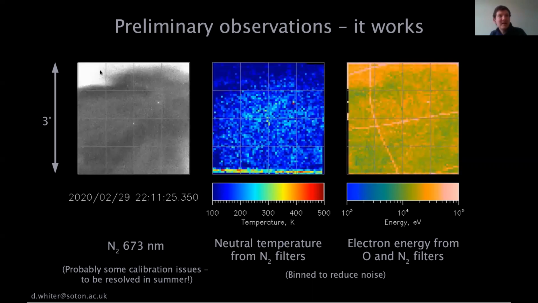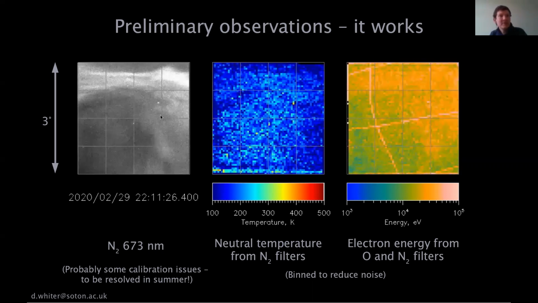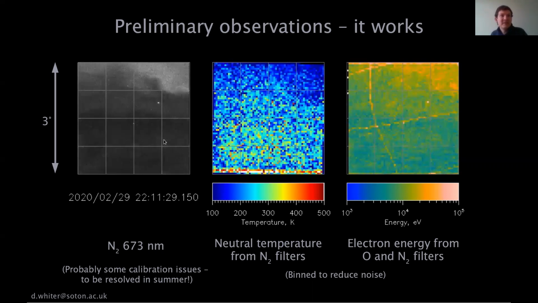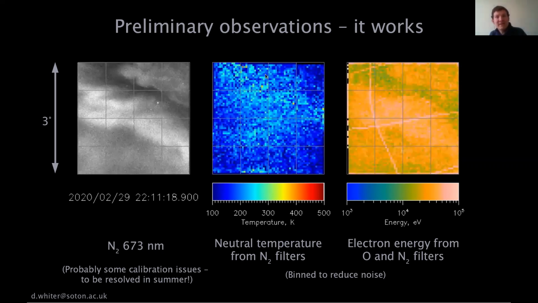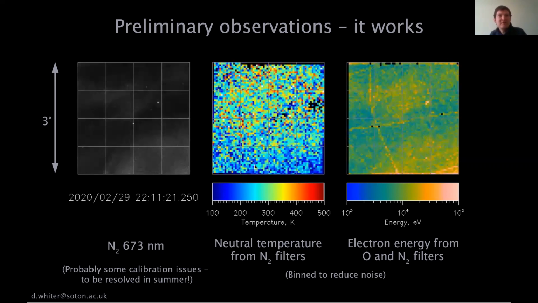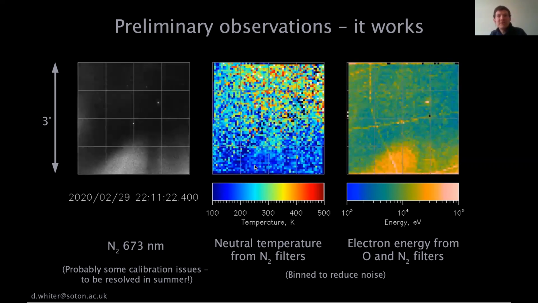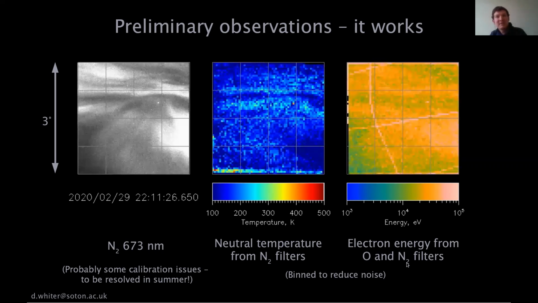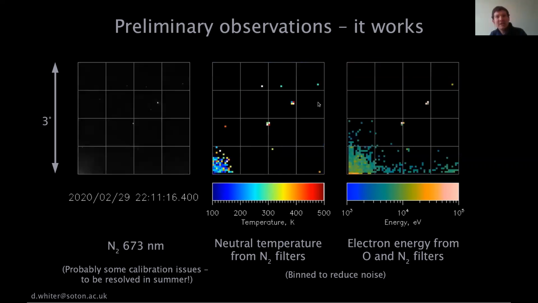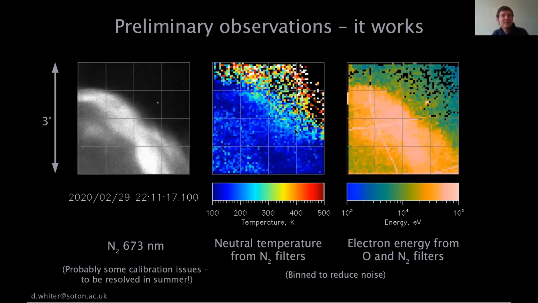This is the aurora through the ASK1 filter, just showing you the structure of what's going on in the aurora. Then this is the neutral temperature determined from the two N2 filters, and this is the electron precipitation energy from the oxygen and first N2 filter. These have been binned to increase the signal to noise ratio.